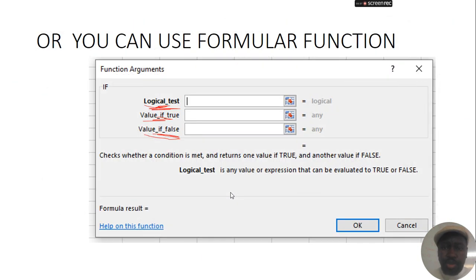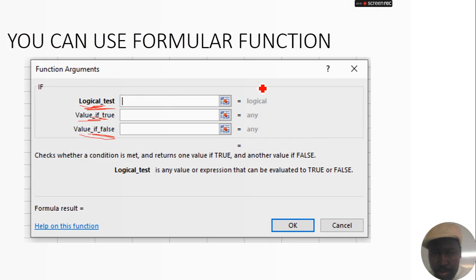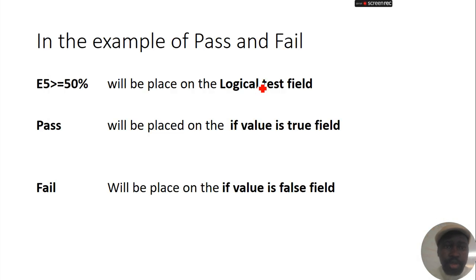So you can use this formula function, logical test. In the logical test, you put the if statement. The outcome that you want if the value is true, you put it here. The outcome that you want if the value is not true, you put it here. In the example of pass or fail, this is cell number E5, and this statement says if the value is greater or equal to 50%.